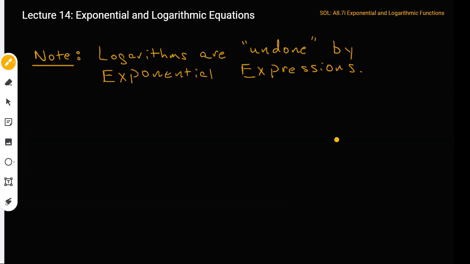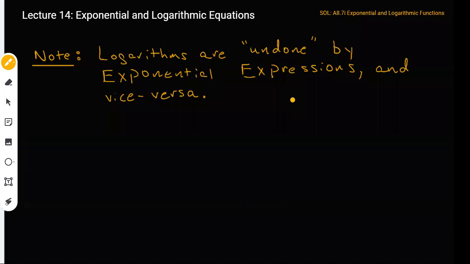And the other way is true too. And vice versa. So the opposite is also true. If you start off with an exponential expression and you want to undo that, then you have to use a logarithm.